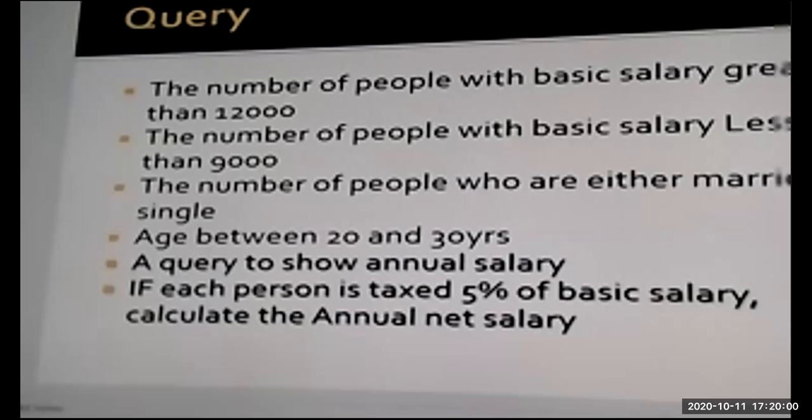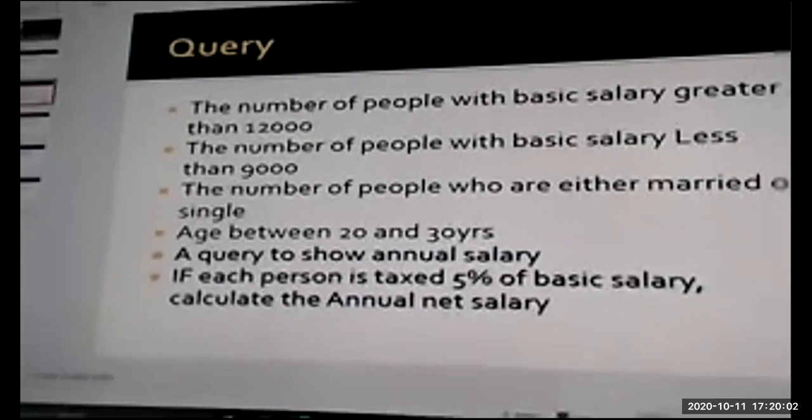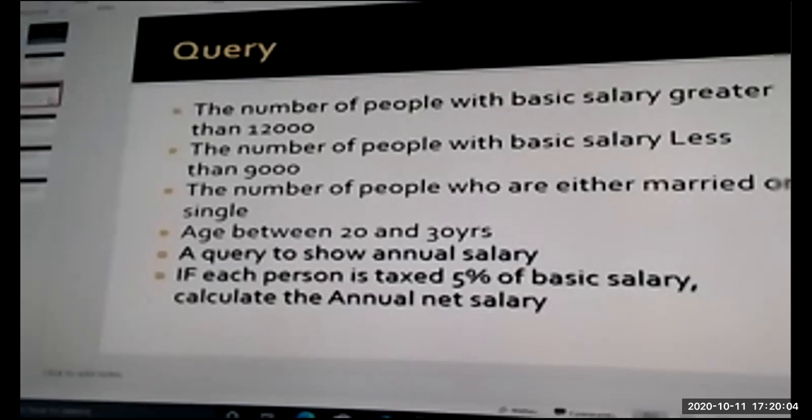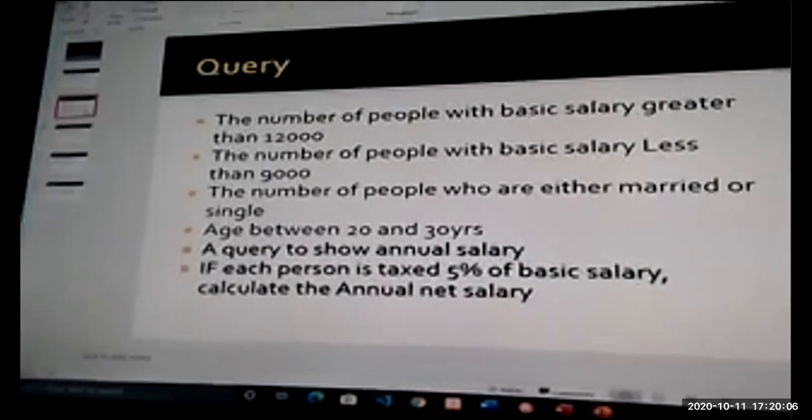For example, I can see the number of people with the basic salary greater than 12,000, less than 9,000, the number of people who are either married or single from the table, age between 20 and 30. Then I'm supposed to perform some calculation there. The next one, a query to show annual salary. Then if each person is taxed 5% of the basic salary, calculate the annual net salary.